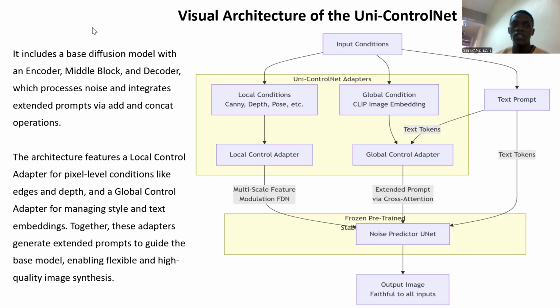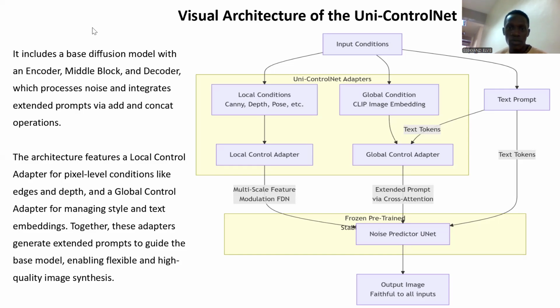This processes noise and they interpret the extended prompts via add and concatenate operations. This architecture basically features a local control adapter for pixel level conditions like edges and depth, and global control adapter for managing style and text embeddings. And together, these adapters generate extended prompts to guide the base model, enabling flexible, high-quality image synthesis.